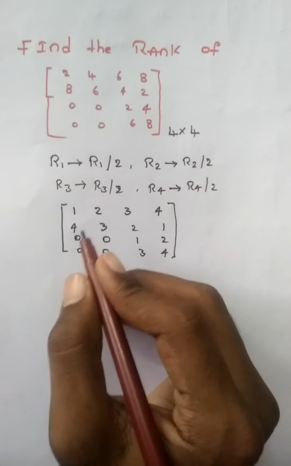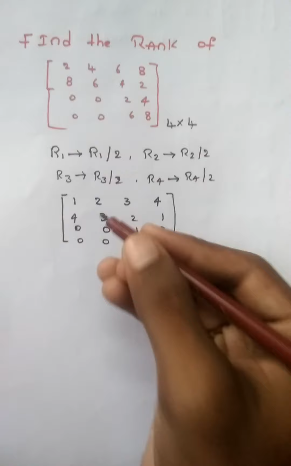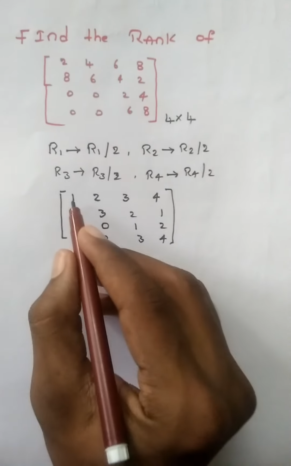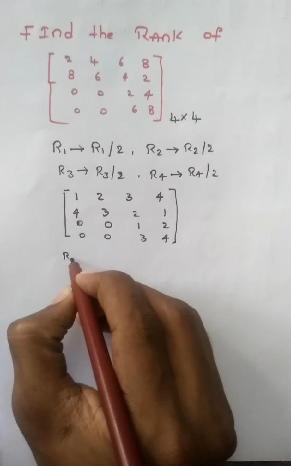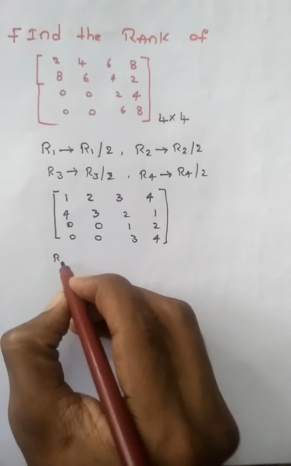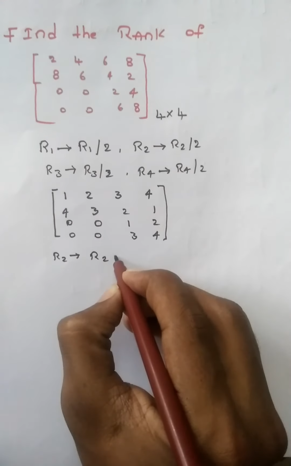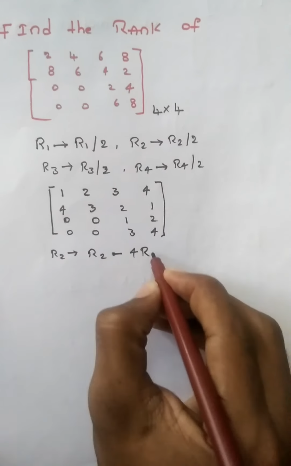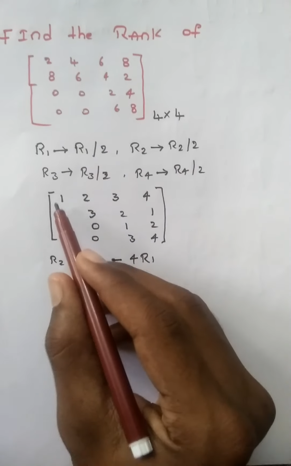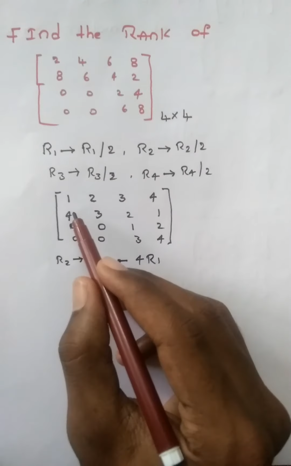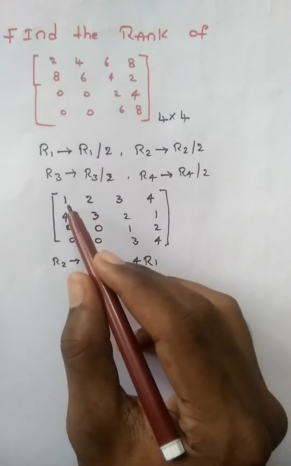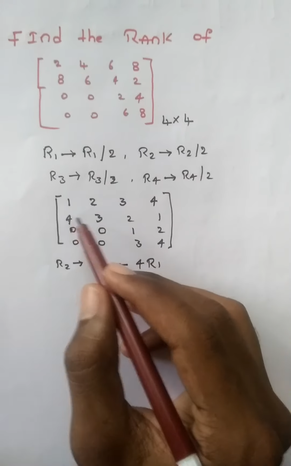So we use some operations to find the rank from this matrix. R1 is okay. For R2 we take R2 minus 4 R1. Why? Because we multiply by 4: R2's 4 minus 4 into R1's 4 is 4 minus 4, which is 0.